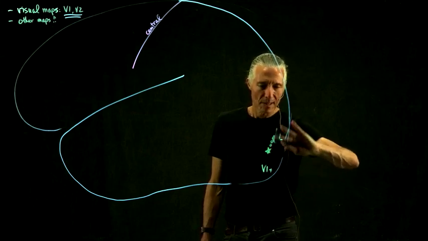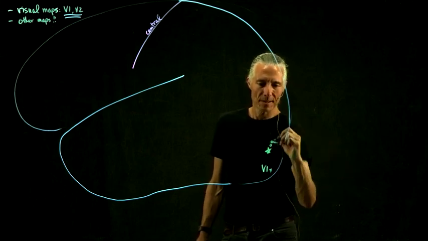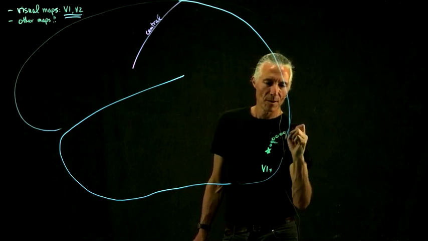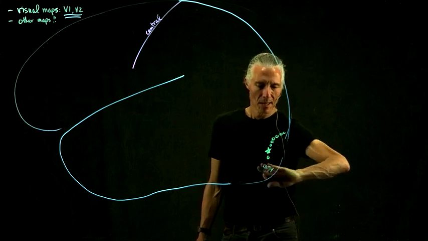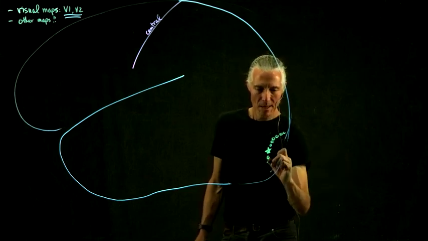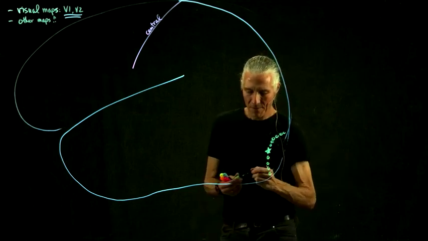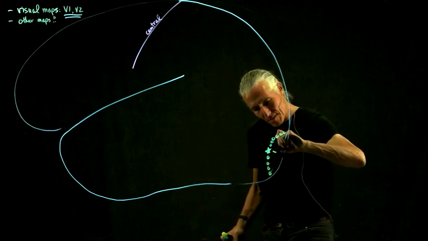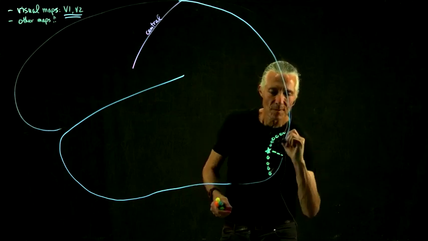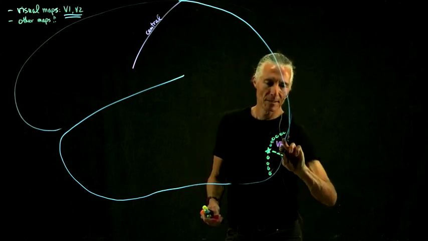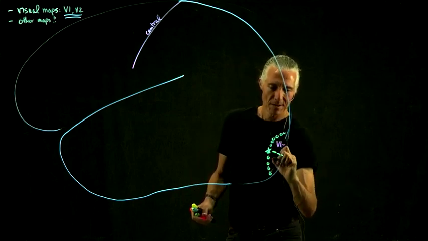Let me label it in red to make it a little clearer. There's V1. Most of it's around the midline. There's the horizontal meridian of that guy. So that was V1 minus, because the world is upside down, and here's V1 plus.